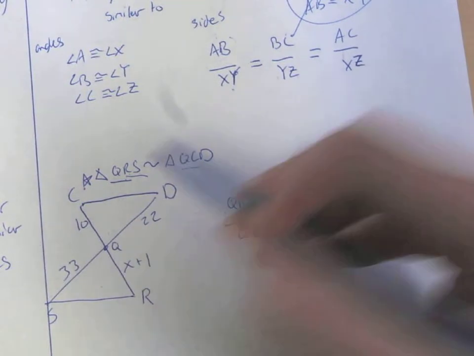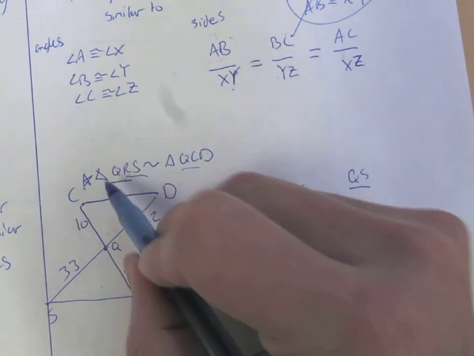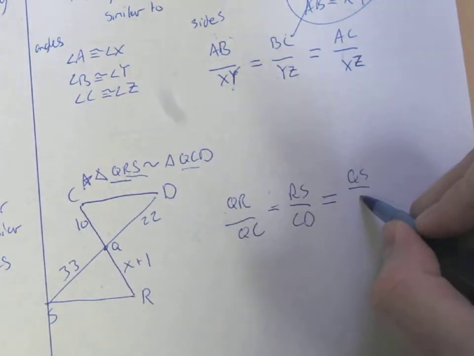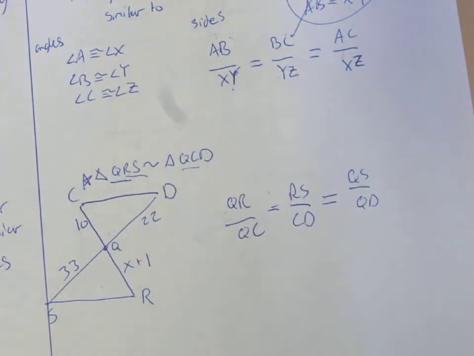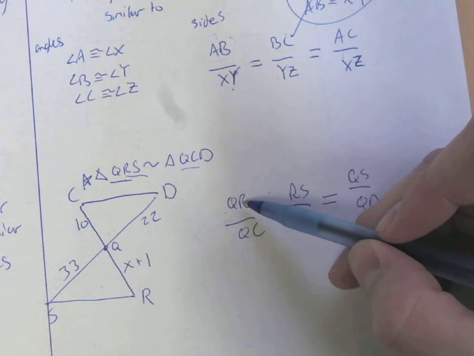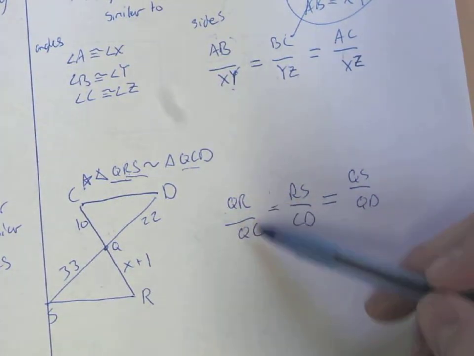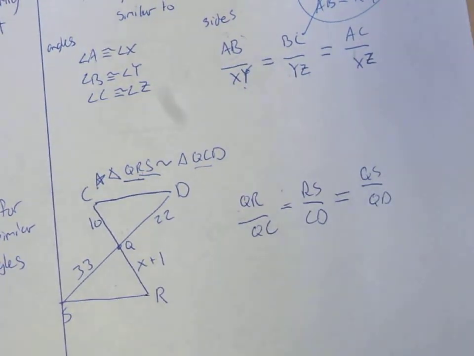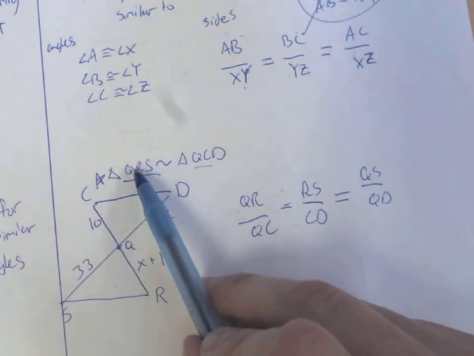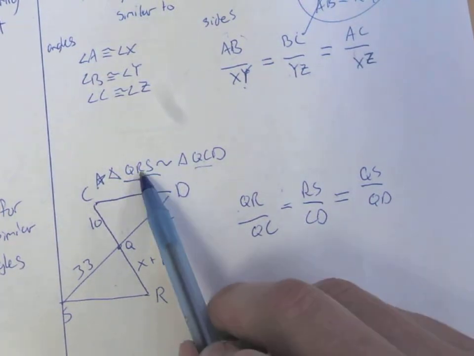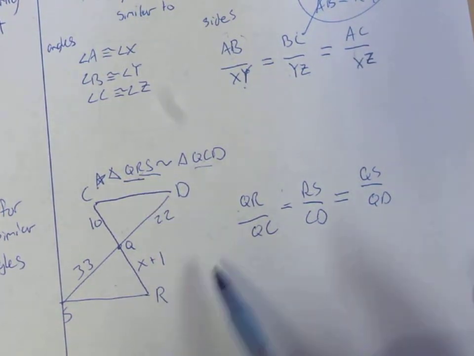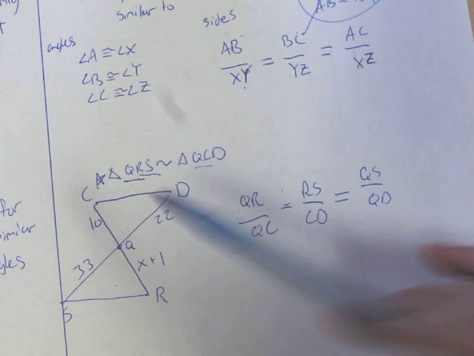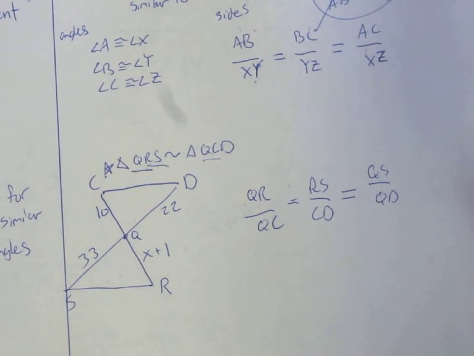Okay, and then we have QS is the other side, first to third, and that has to correspond to QD. Okay, and so each side of the first guy is over its corresponding side. We put them in ratio. Okay, make sure that you go in the right order, right? Don't put like one of these over one of these. It doesn't really matter which order you do it in at first, but once you pick that order, you gotta kind of stick with it.